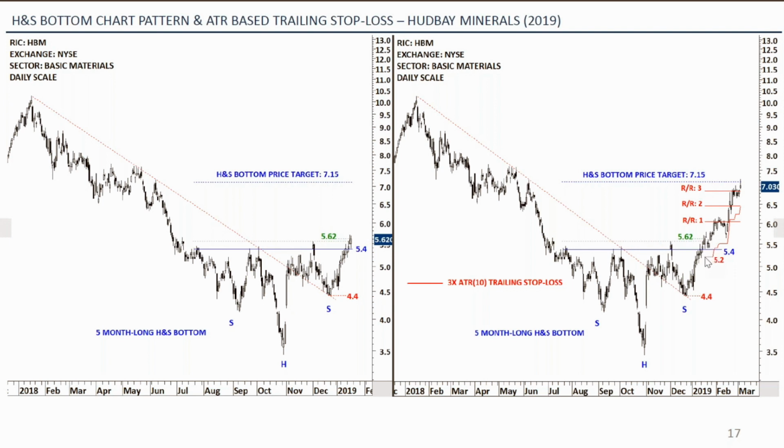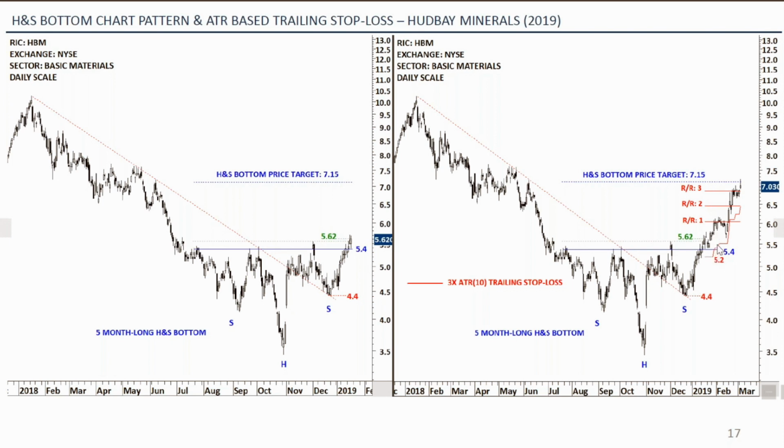So you always have to leave some room, but we're taking 5.2 here just to see what kind of potential we can get. The distance from 5.62 to 5.2 will be your risk in this case, and the reward at 1 to 1 will be here, 1 to 2 will be here, 1 to 3 will be here.